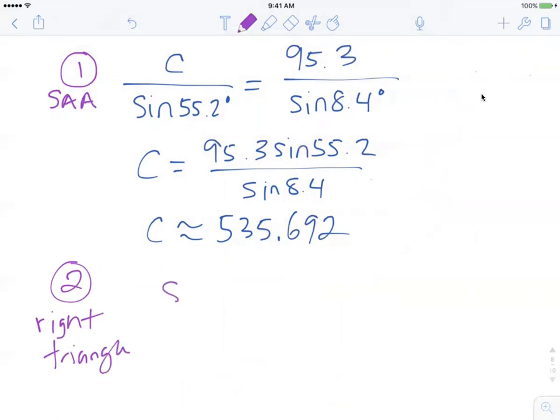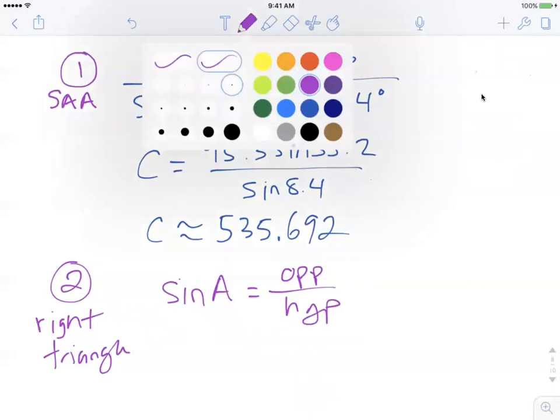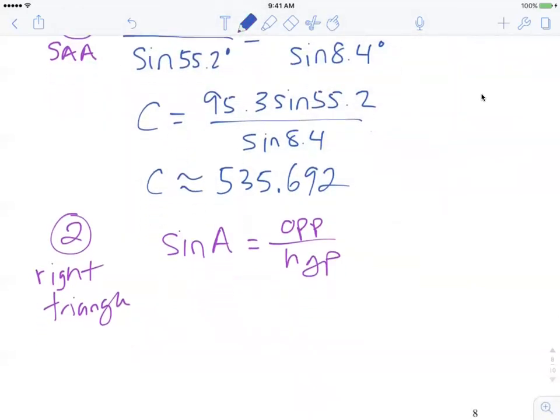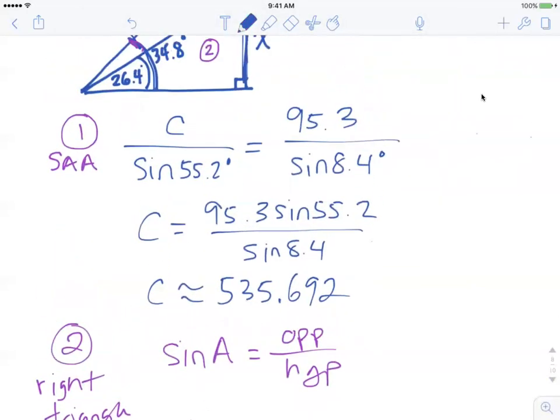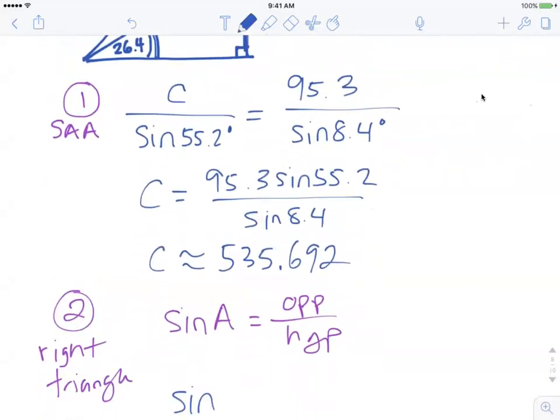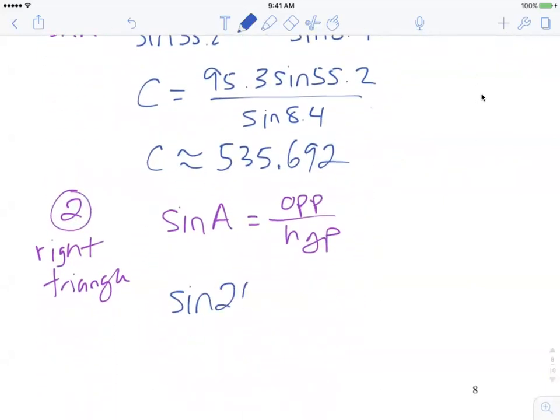I'm using the fact that the sine of an angle is the opposite over the hypotenuse. Plugging that in, the angle on that triangle is 26.4, the opposite is x, and the hypotenuse is the C that we just found.